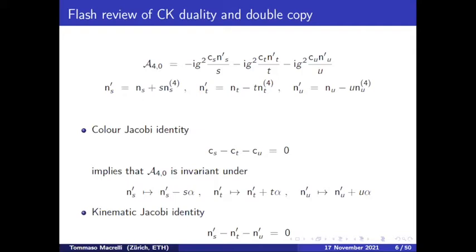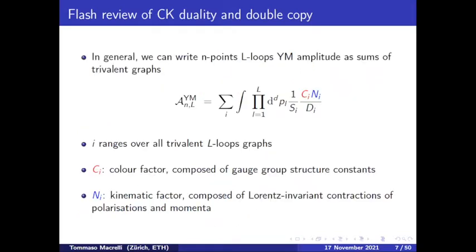Now, this thing at four points was already known even before color-kinematic duality was formulated. We can extend the validity of this observation in some generality. So let's consider an n-point L-loop Yang-Mills amplitude. Using the same trick of blowing up the four-point vertex, we can rewrite this amplitude as a sum of trivalent contributions.